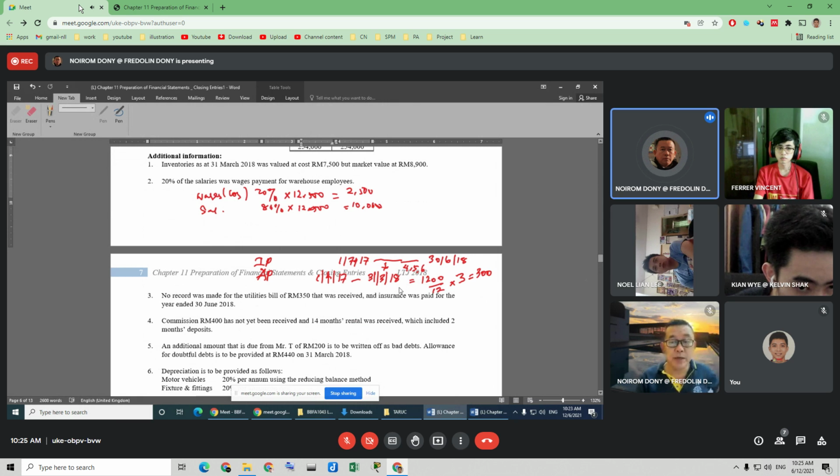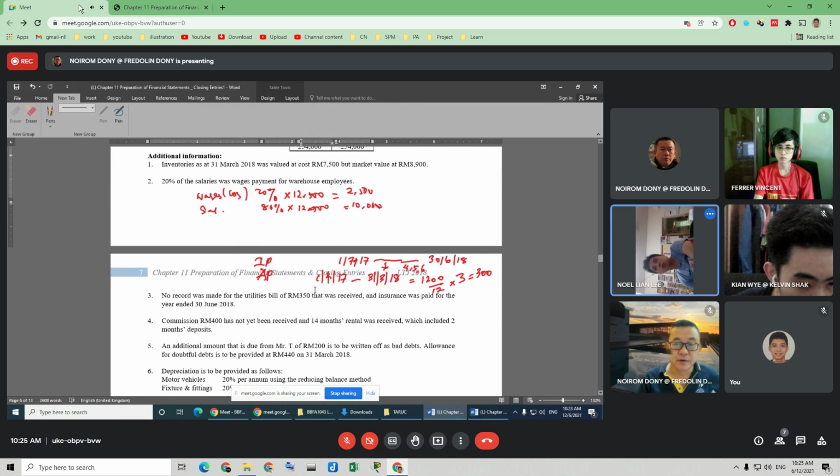So 1 month is 100. Since April, May, and June are in advance, we have to exclude them from that amount. So we only take from 1st of July until 31st of March. When your insurance period and accounting period are different, we have to do an adjustment.